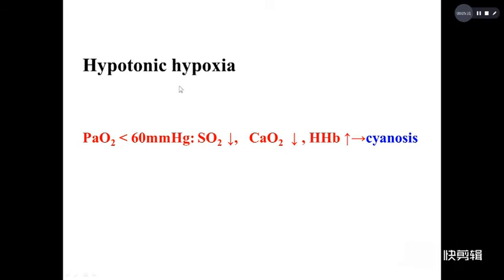Now, during hypotonic hypoxia, because the partial pressure of oxygen in the artery is less than 60, it leads to oxygen saturation decrease. So hemoglobin combined with oxygen decreases and leads to oxyhemoglobin decrease. Now oxygen content in the artery decreases.